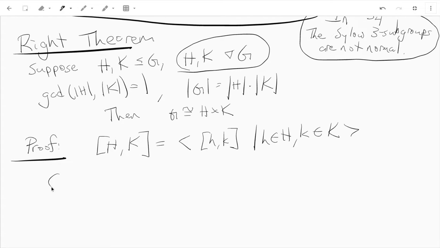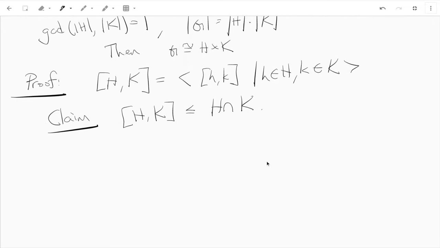Claim: this is contained in H intersect K. Let's prove the claim.